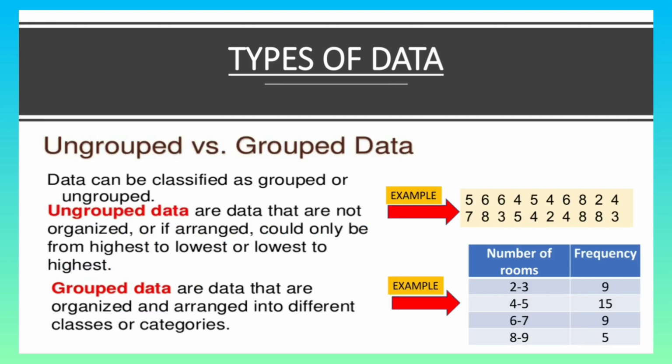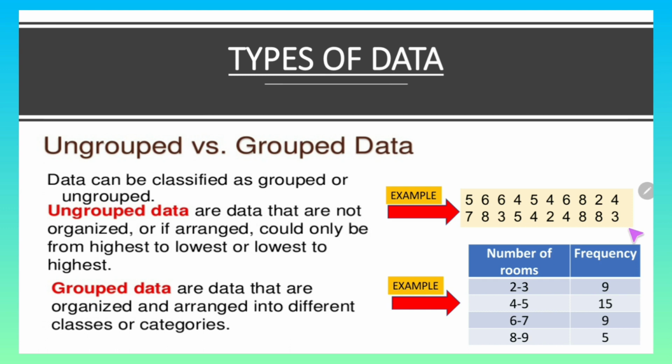Okay, we have here grouped data and ungrouped data. Data can be classified as grouped or ungrouped. Ungrouped data are data that are not organized, or arranged only from highest to lowest or lowest to highest.